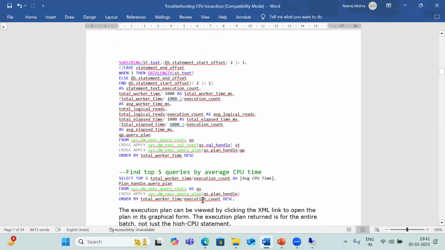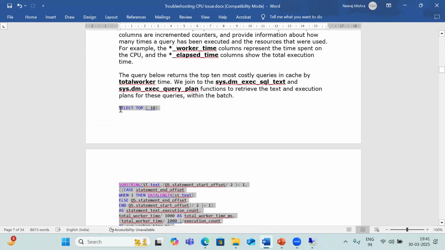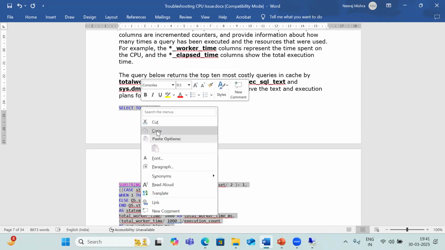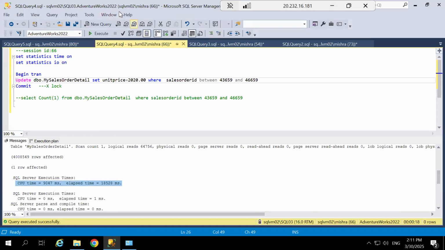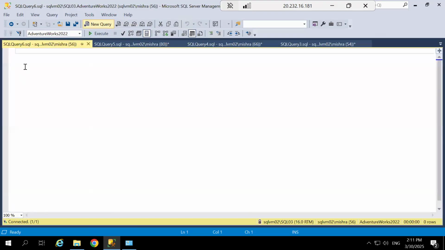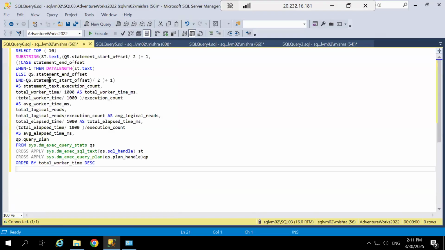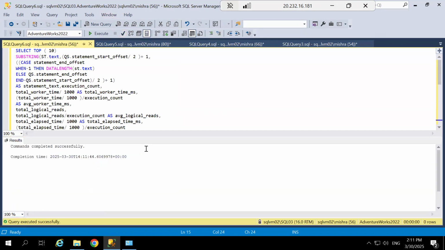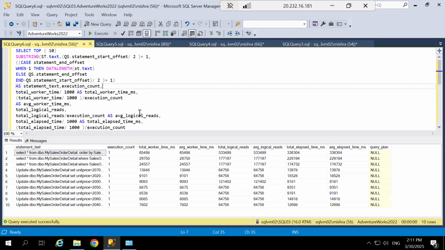Any query is fine. Total worker time, the average CPU time. No, let's go with this one. How many executions?